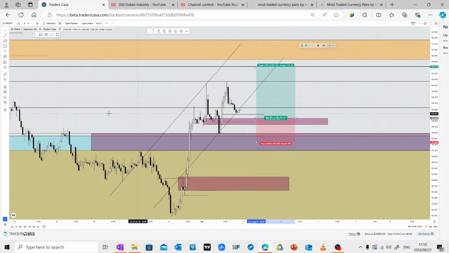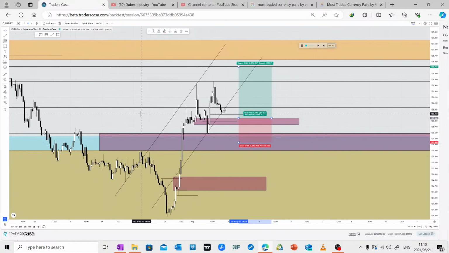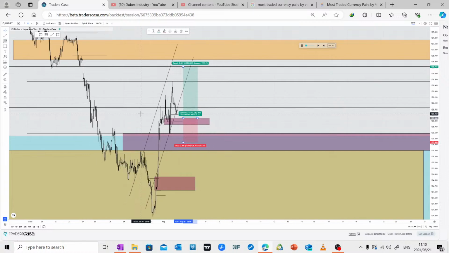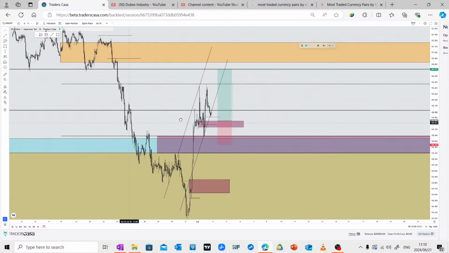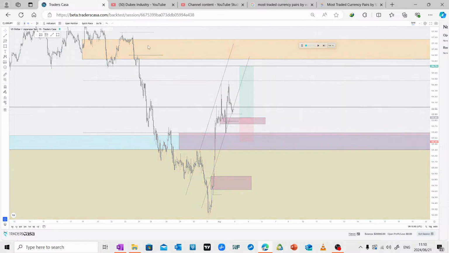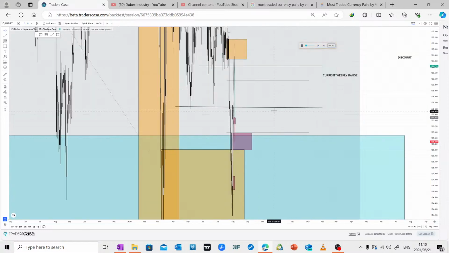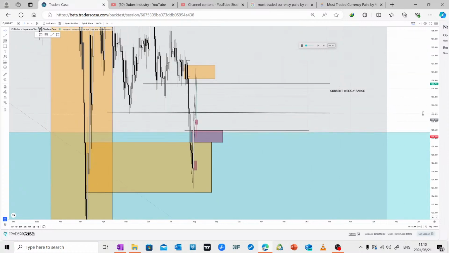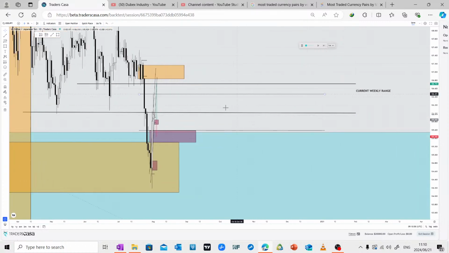Anyway, guys, what's happening here? Let me zoom out a bit. Where's the weekly range? Let me change the weekly range colors. I think I zoomed out a little too much.